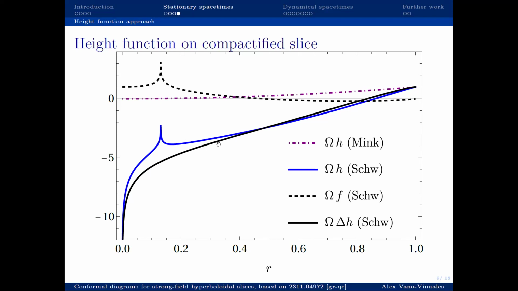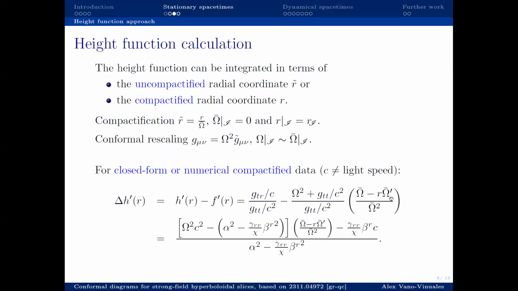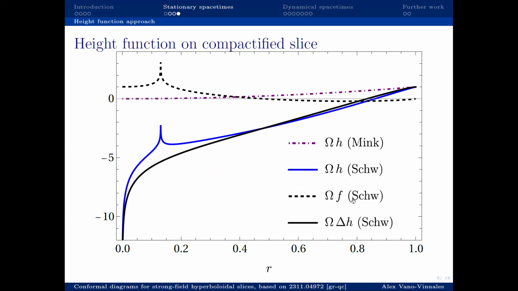And indeed, the way this was constructed, I actually just integrated for delta H, which is shown in black, same as before, and then added to it the F quantity, which again, you can calculate from geometric components, or you can use the expression for Schwarzschild if you're dealing with Schwarzschild. And all of this is being compared here with the Minkowski height function. All of these are constant mean curvature slices, and they all behave the same at future null infinity.